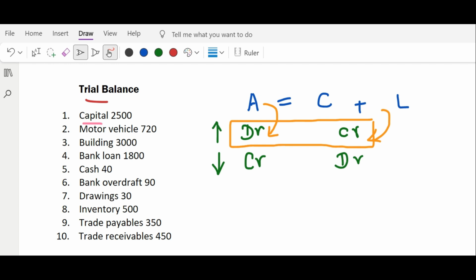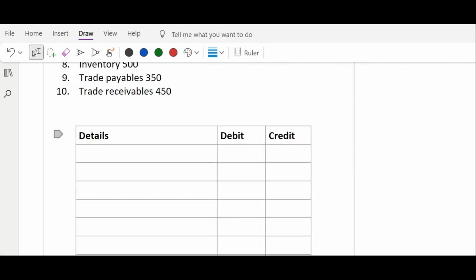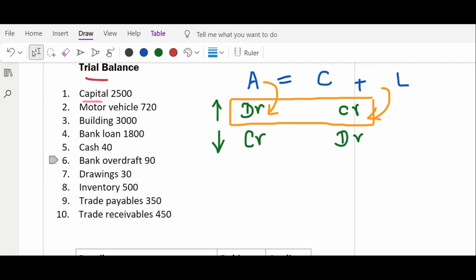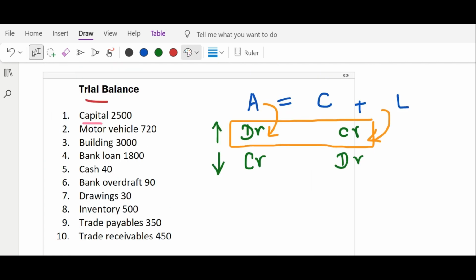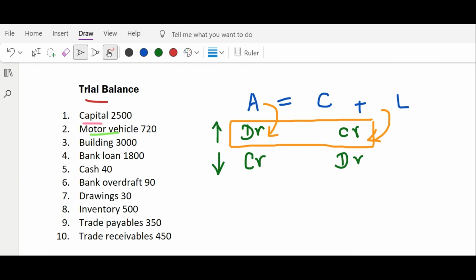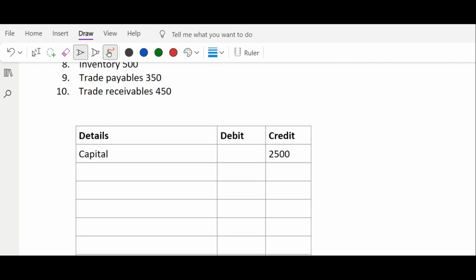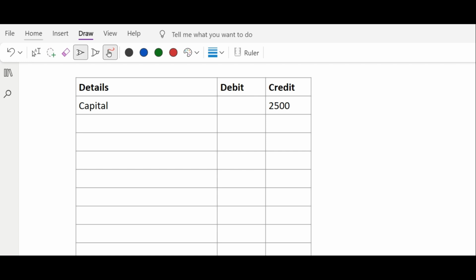So, first question, capital 2500, that is a credit. So, we can go into our trial balance and say capital 2500. Next one, motor vehicle 720. Motor vehicle is an asset. So we say motor vehicle 720 in the debit side.